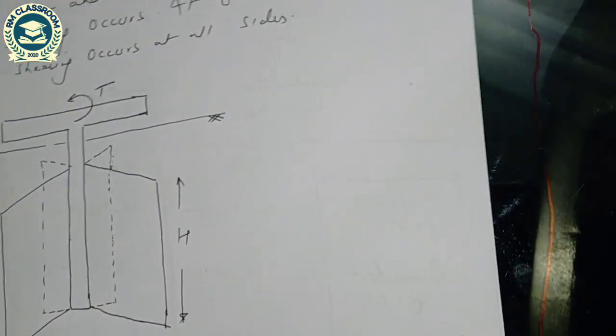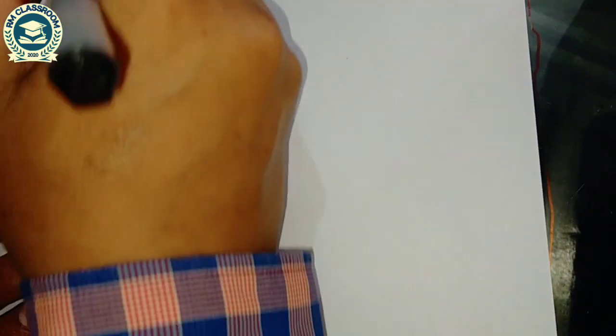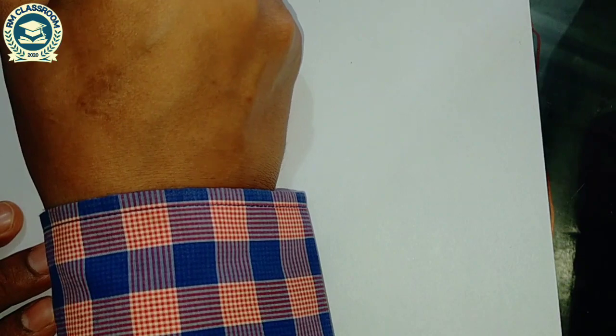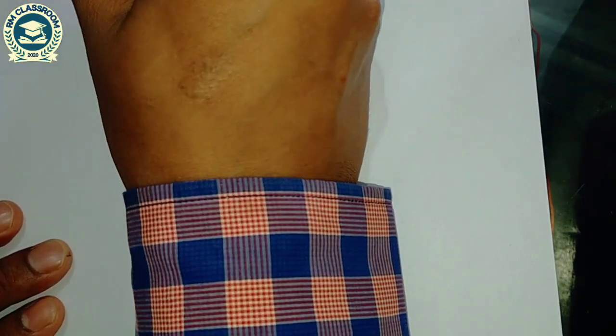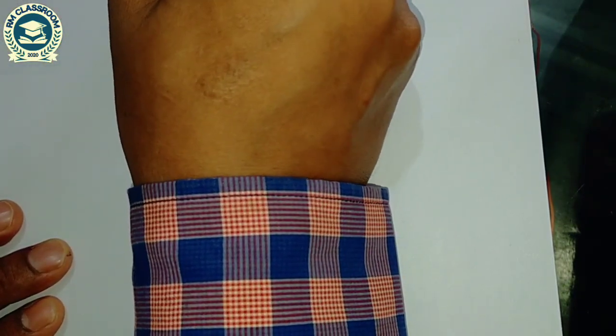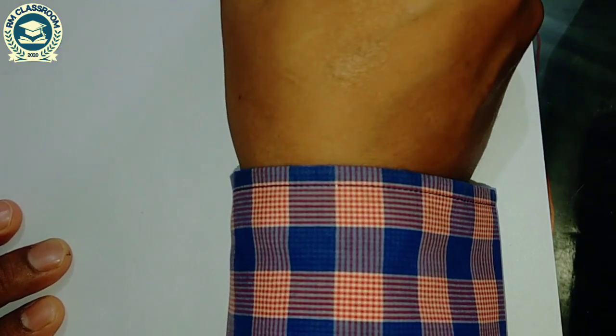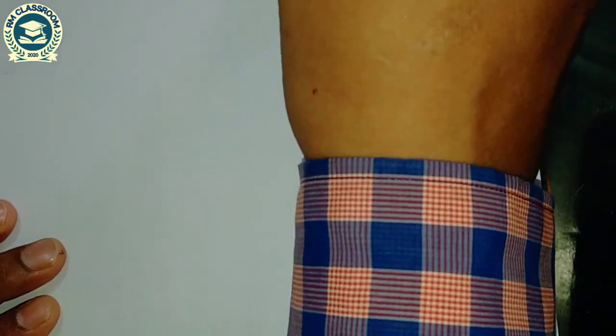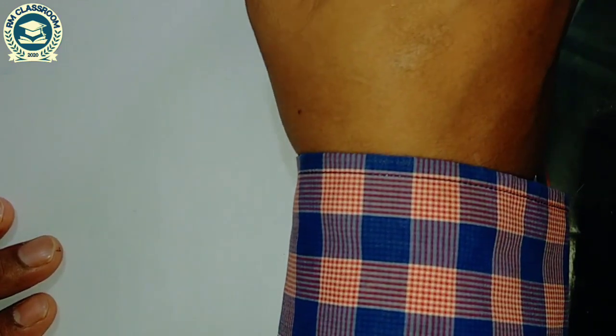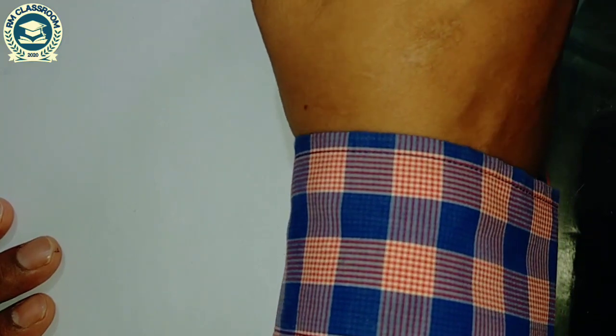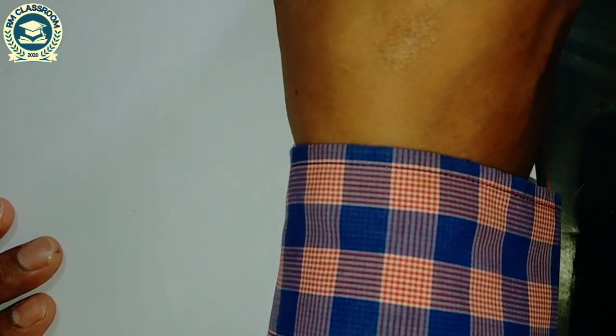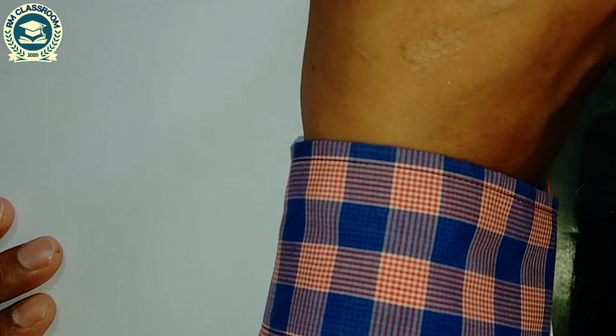So the shear strength can be computed as follows. Total torque can be written as T1 at the side plus T2 at top and bottom, and the top and bottom will be the same, T2 top plus T2 bottom.